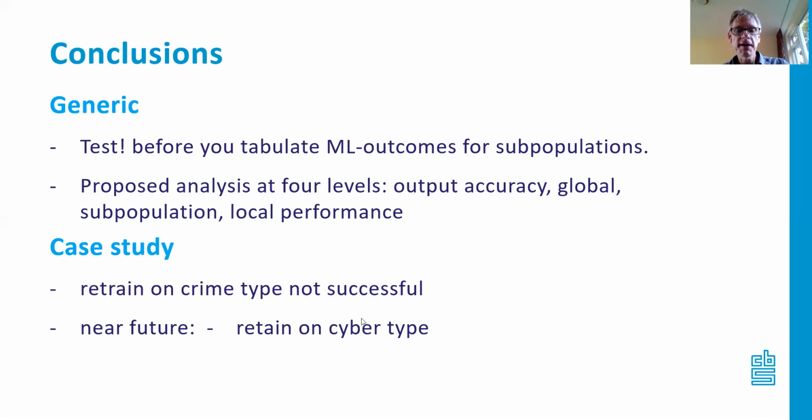We looked into the data, and it appears they are really different kinds of things, with different words that are predictive for those 2 different cyber types. And there's also a mixture of those cyber types within the crime types. So we have good hope that when we retrain on those cyber types, the effect of crime type is also solved.